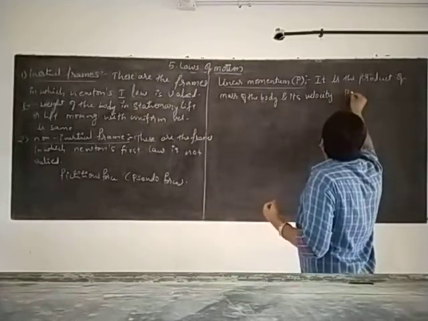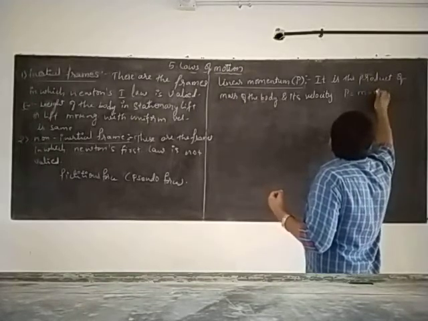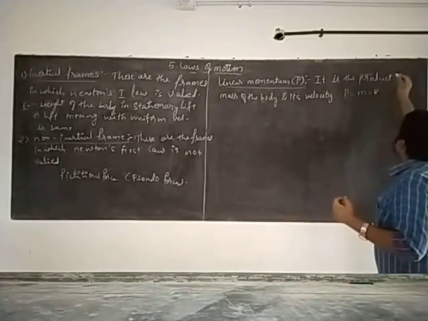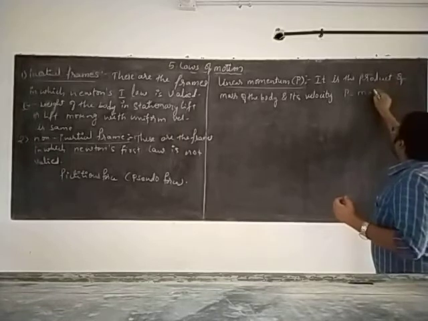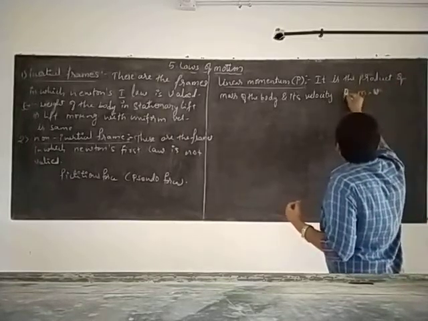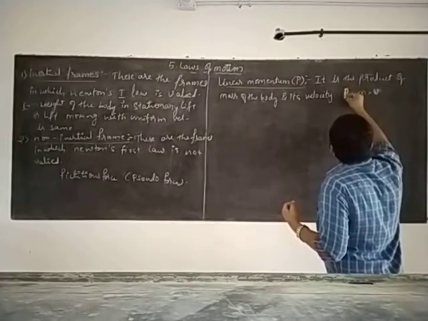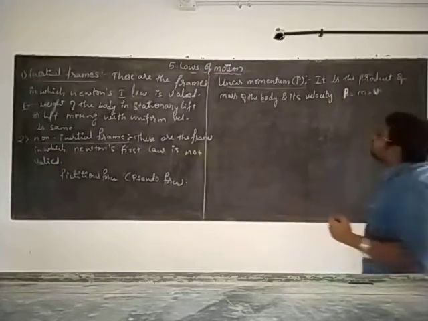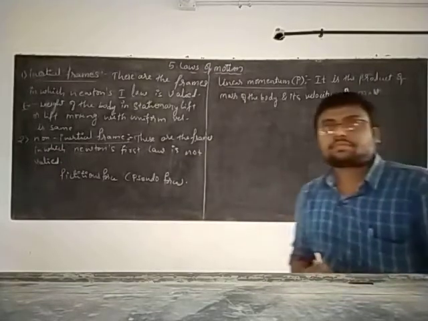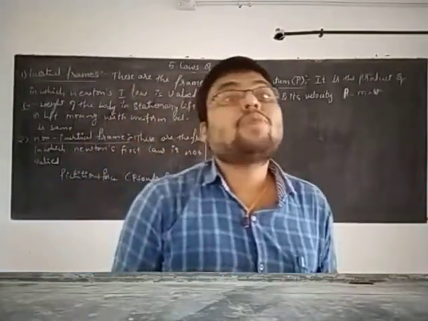It can be written as P is equal to M into V. And here this linear momentum is the quantity associated with the moving body.